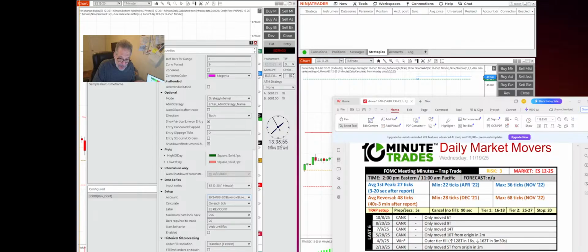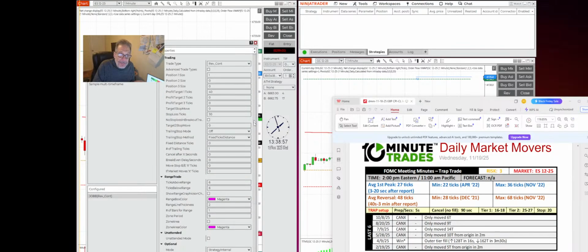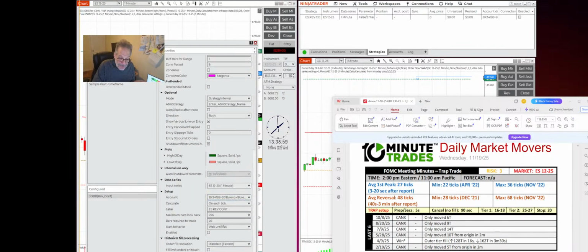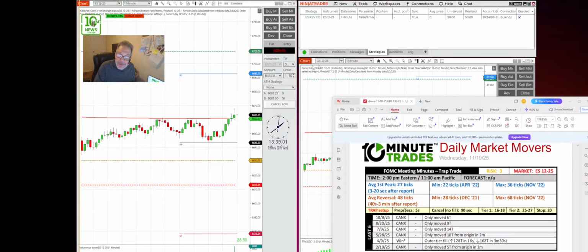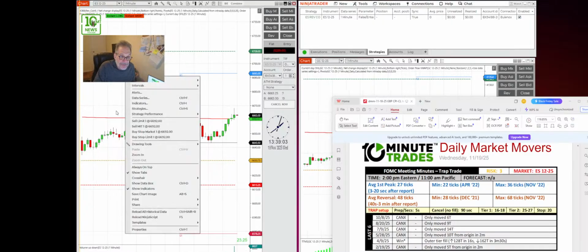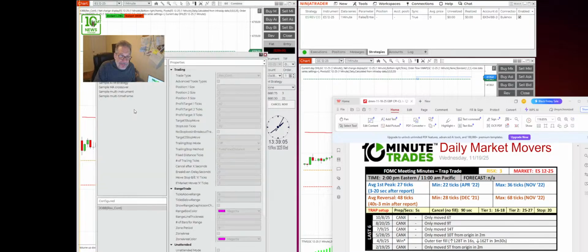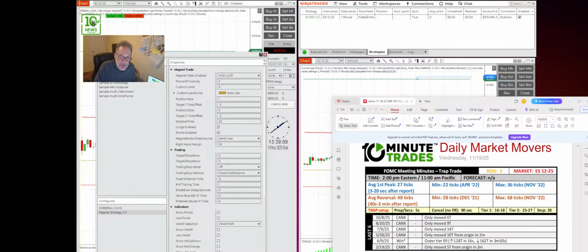So we have a reversal continuation set up. Apply it and okay it. Turn it on. And then the magnet. High of day, low of day. Proximity is 3 to start. And I think I'll do 2 positions.